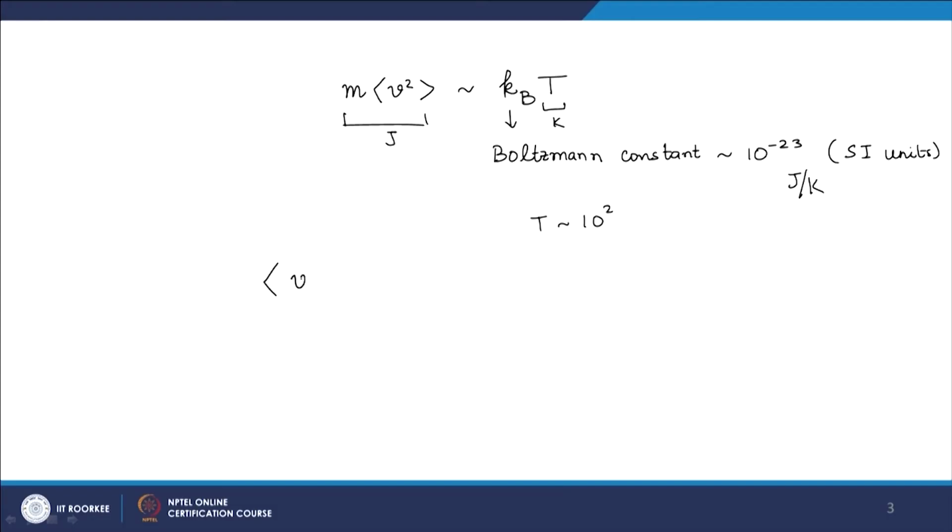So, if we then find the mean square velocity of molecules, this goes like kBT by m, and so very roughly speaking, the velocity of individual molecules because of the temperature, or the molecules' velocity that gives rise to temperature at equilibrium.